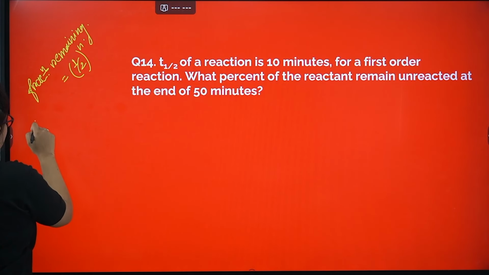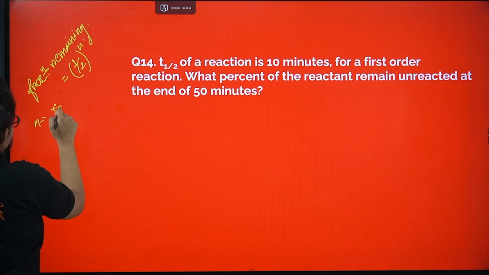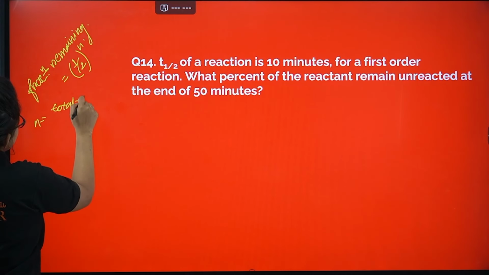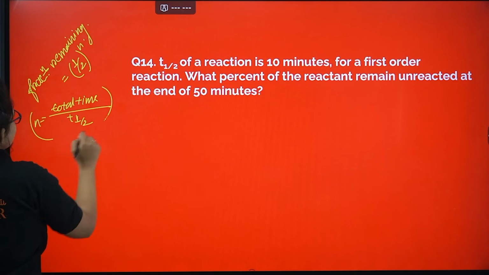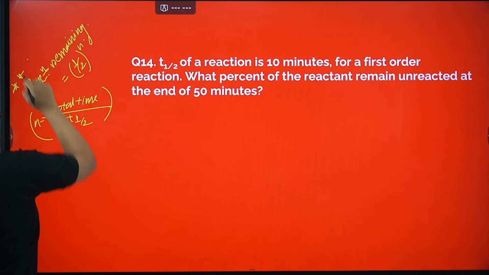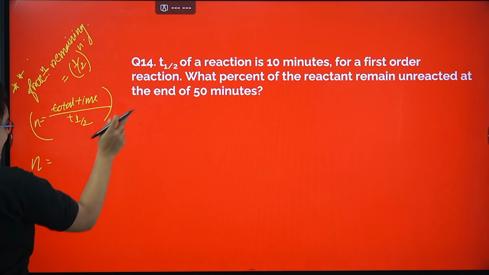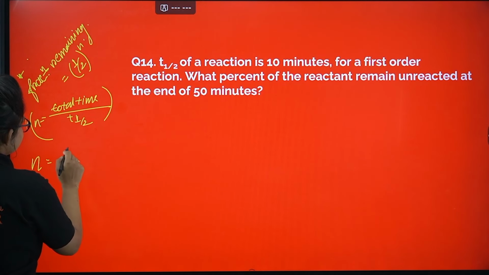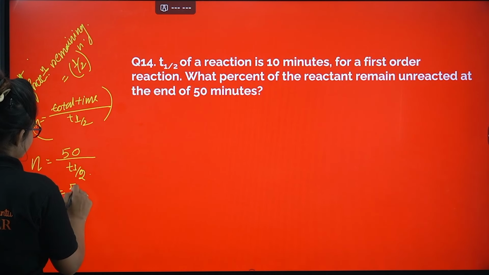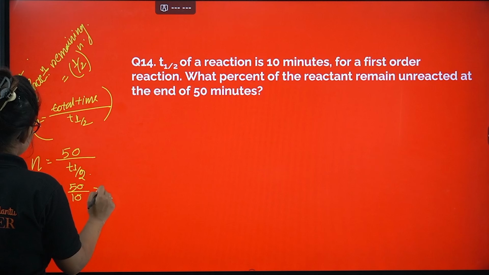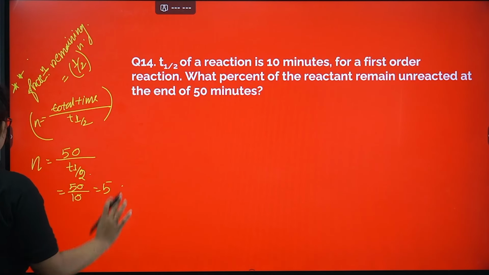Now what is n? N is basically the total time required divided by T half. So remember this thing. From here I can calculate n at first. Total time is 50 minutes divided by T half, which is given as 10, so 50 by 10 means 5. Minute will be cancelled out.